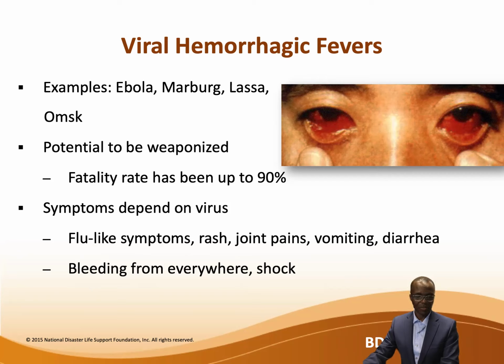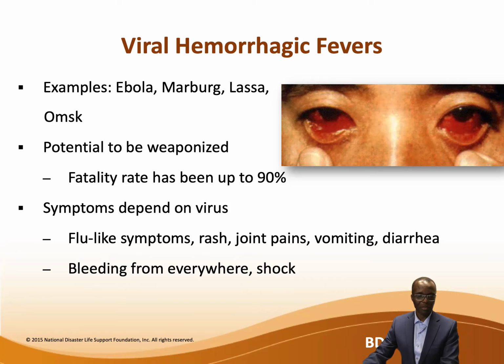This class of diseases encompasses multiple strains of RNA viruses, most commonly the arenaviruses and filoviruses. They are typically named by the area in which they were first discovered. Hence, the names such as Marburg, Lassa, Omsk, and Machupo fevers.